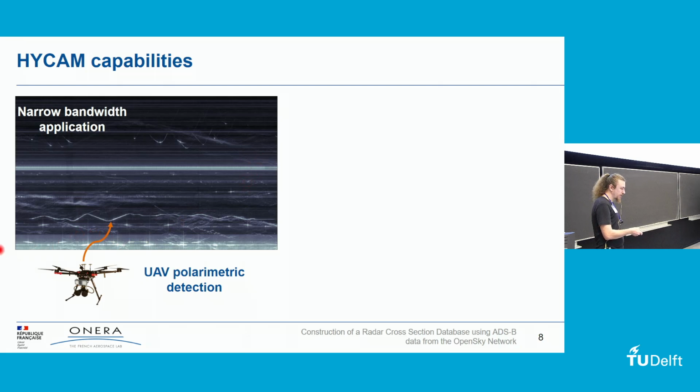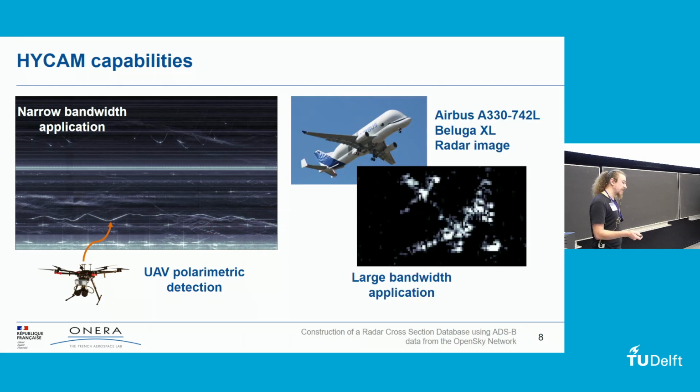So the track you see here is a UAV. You see that there are a lot of things happening in low altitude that we can measure with this radar. With a larger bandwidth, using the 500 megahertz capabilities, we can even do imaging radar. So this is a radar image of a Beluga XL from Boeing.